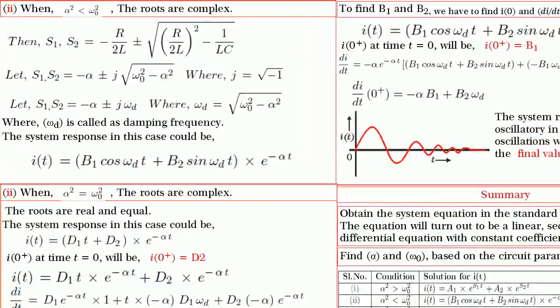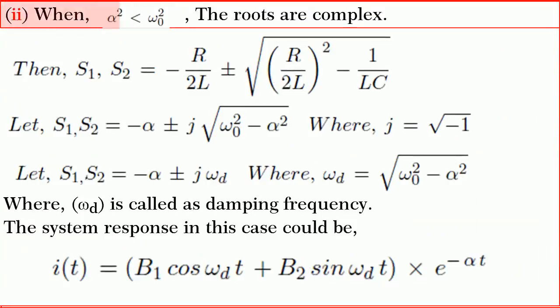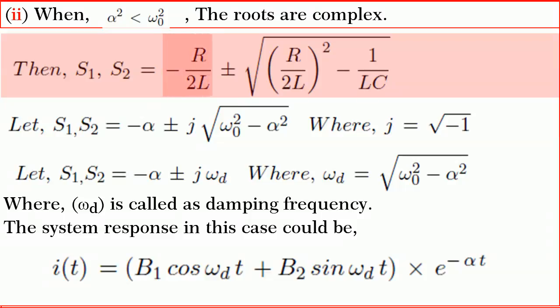Friends, next we shall consider the case when alpha square is less than omega naught square. Consider the equation for roots s1, s2 is equal to minus R by 2L plus or minus square root of (R by 2L) square minus 1 by LC.